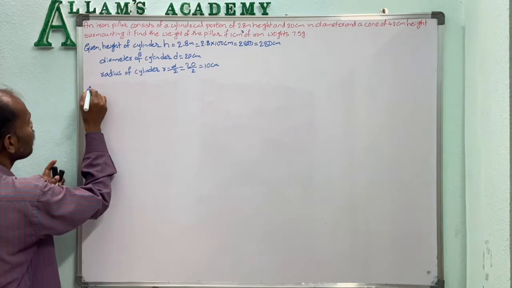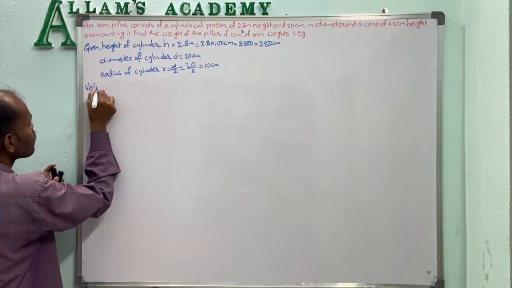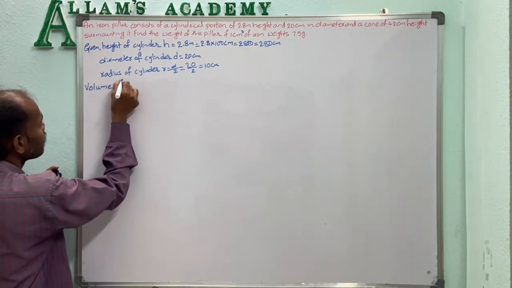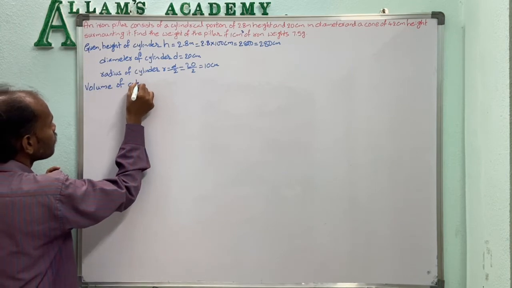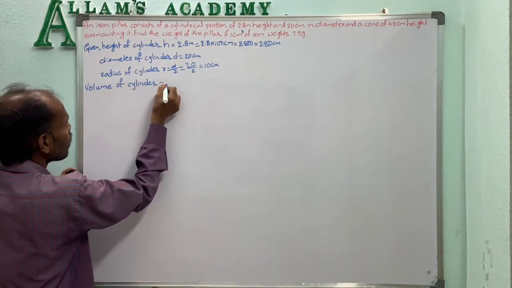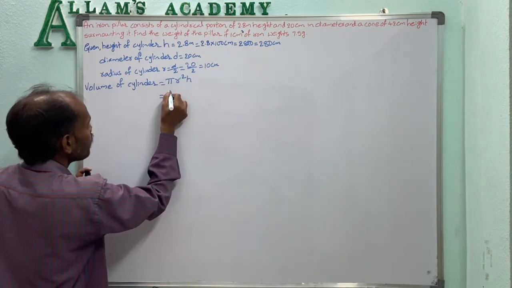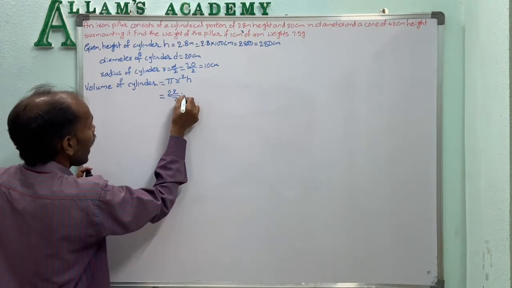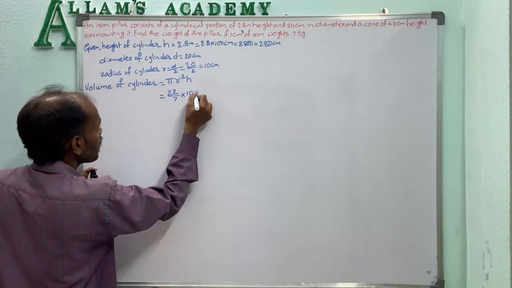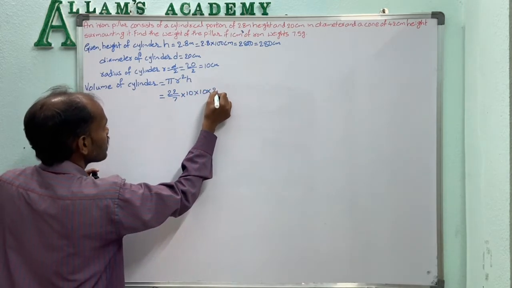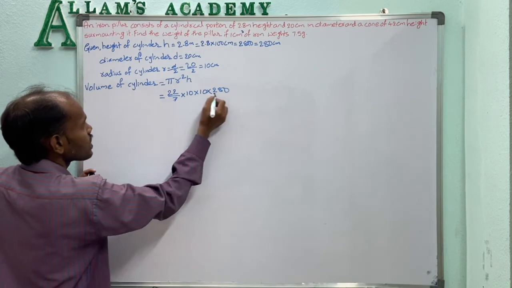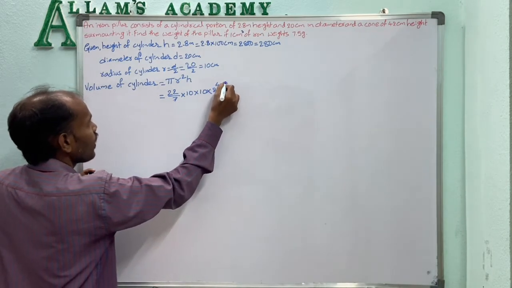Now finding the volume of the cylinder. So volume of cylinder equal to pi r square h, that equals 22 by 7 into 10 into 10 into height, h is 280. So 7 ones 7, 7 forties 280.